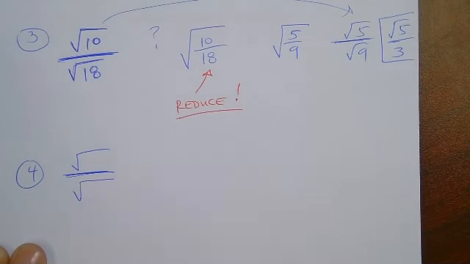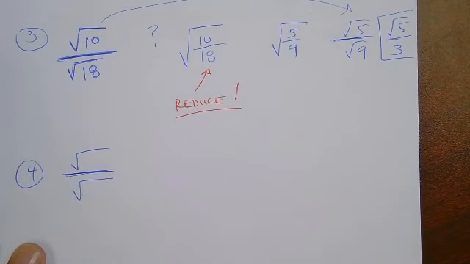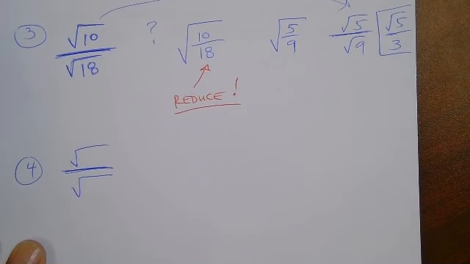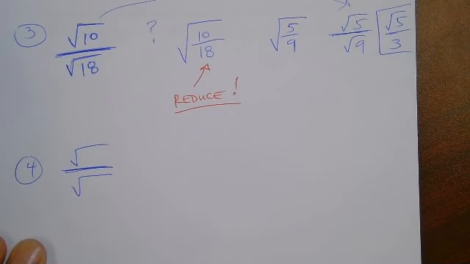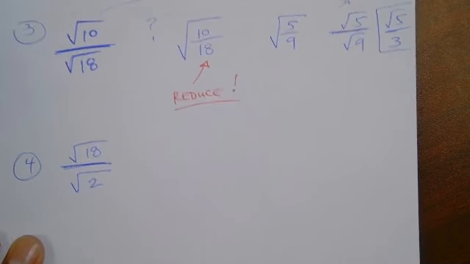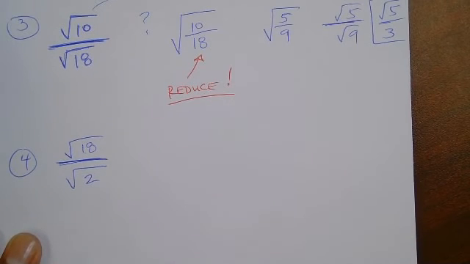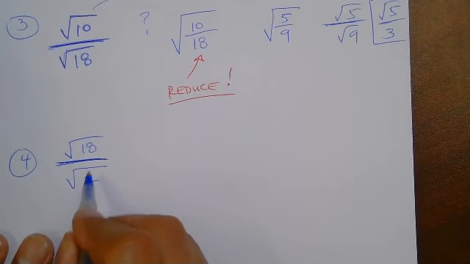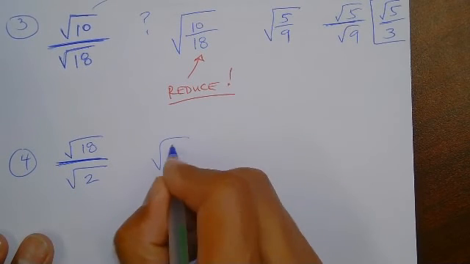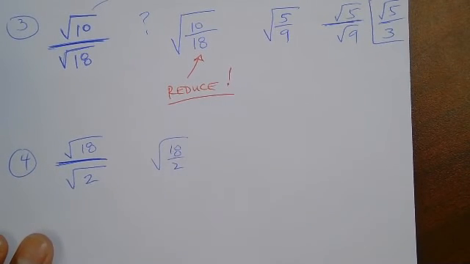Similar, number 4. That's actually an easier one. 2 doesn't have a square root. 18 doesn't have a square root.